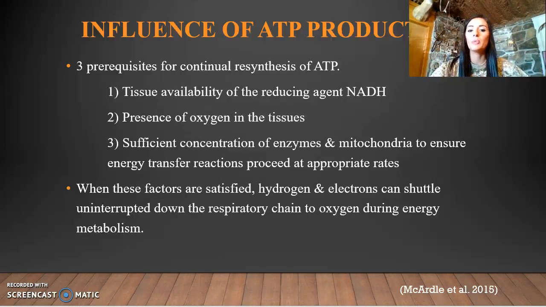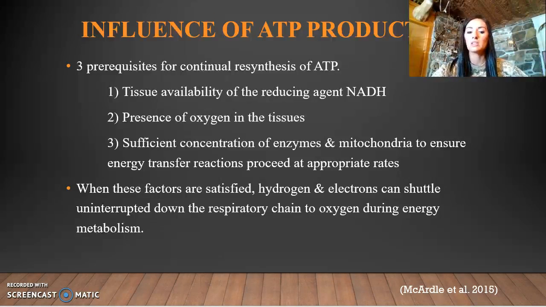There are 3 prerequisites for the continual resynthesis of ATP. The first is tissue availability of the reducing agent NADH, then the presence of oxygen in the tissues, and finally sufficient concentration of enzymes and mitochondria to ensure energy transfer reactions proceed at their appropriate rates.